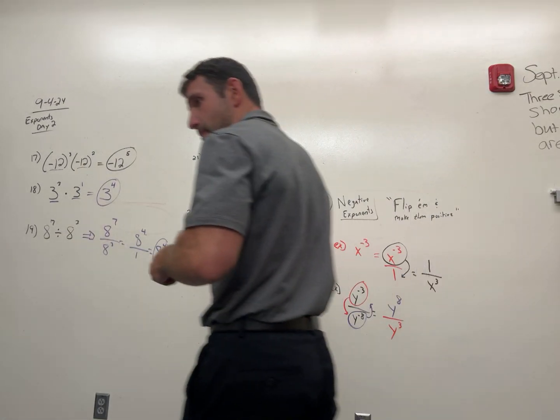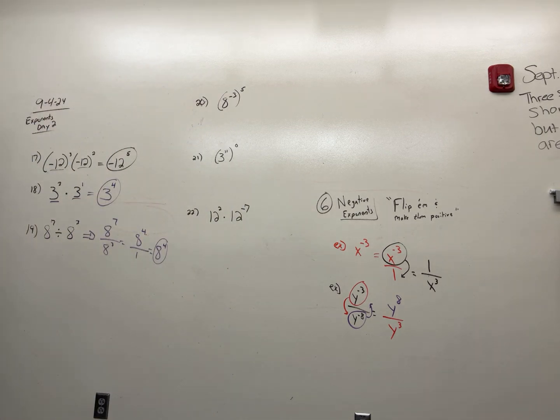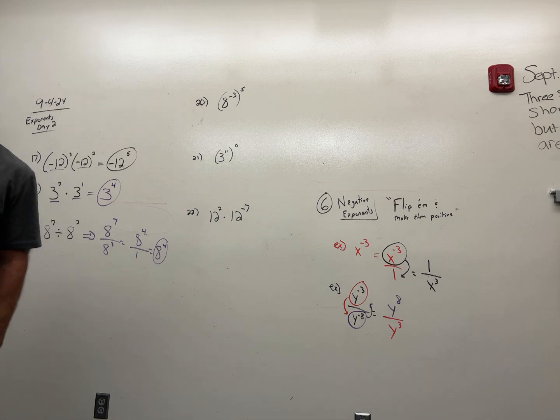We're doing these three. So we have a power to a power in both 20 and 21. We have a power to a power in 20 and 21. 22 looks like we're multiplying like bases.